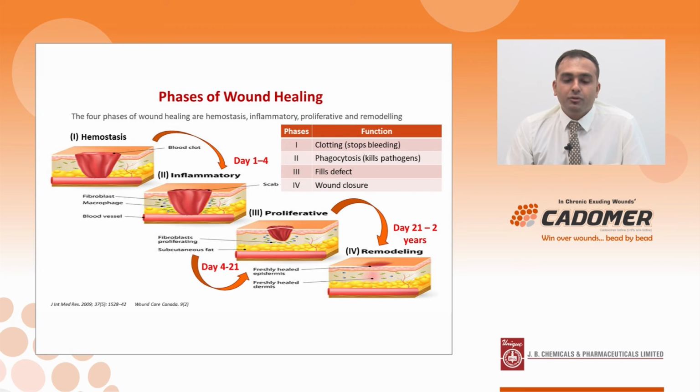So during this phase, important cells like WBCs, neutrophils and macrophages rush to the wound surface and try to destroy all the bacteria and invading microorganisms. So it helps to protect our body from getting any systemic infection.